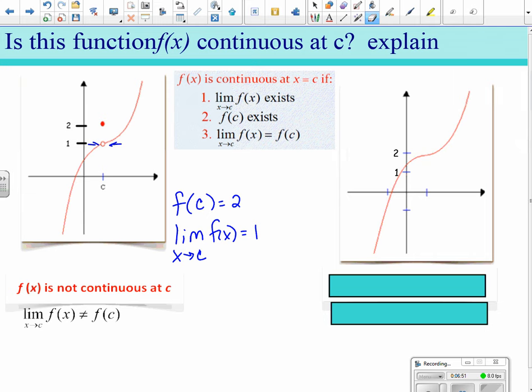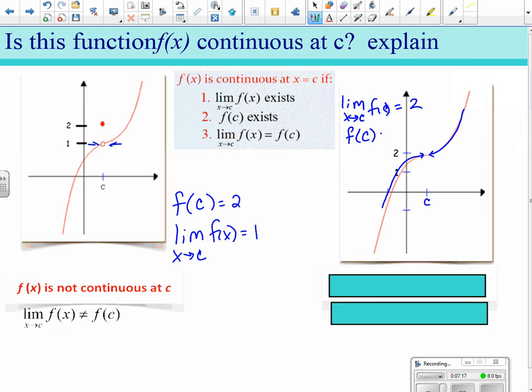Now, being able to support that: number 1, does the limit exist as I approach c? As I approach c, indeed it does. As I come in, it looks like we're at a height of 2. So the limit exists, and the limit is equal to 2. Does f of c exist?